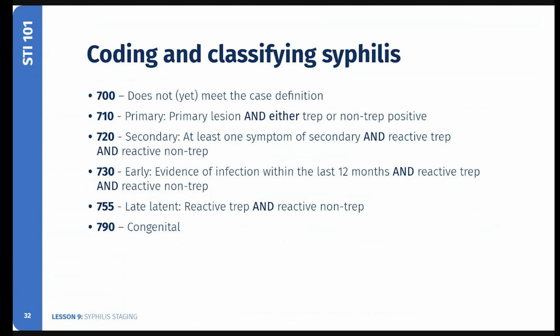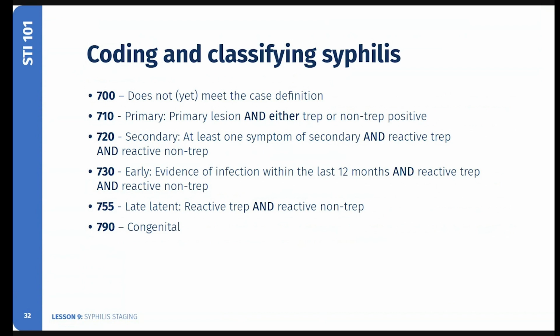The morbidity of yes tells our analysis program to include this case in our counts, and the stage of 710 tells our program to mark it as a primary case, since the investigator has determined that it meets the case definition for primary syphilis.